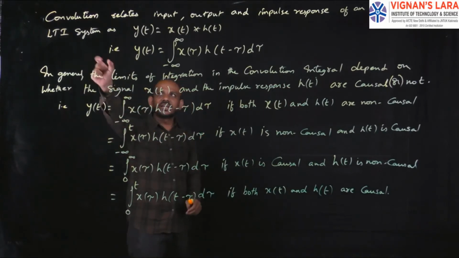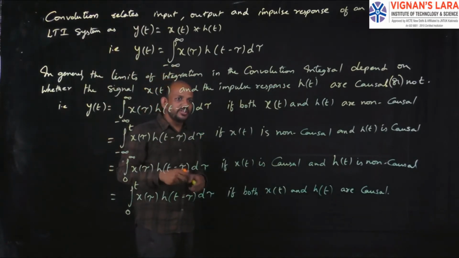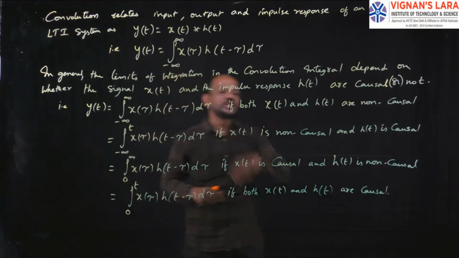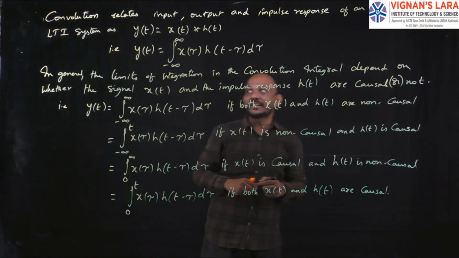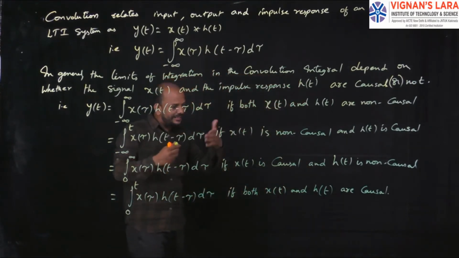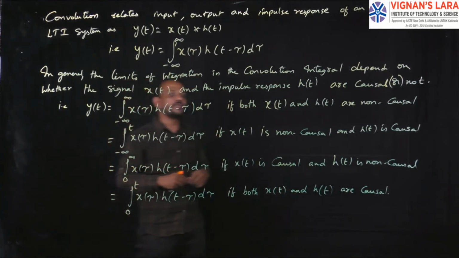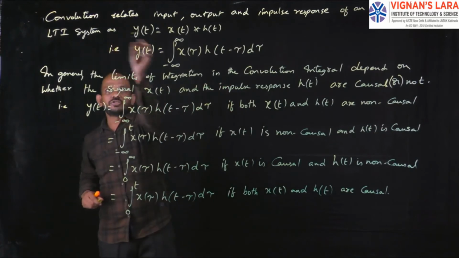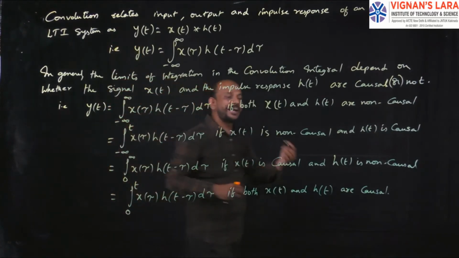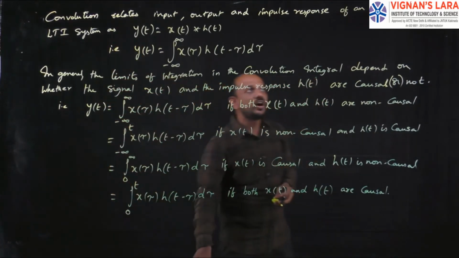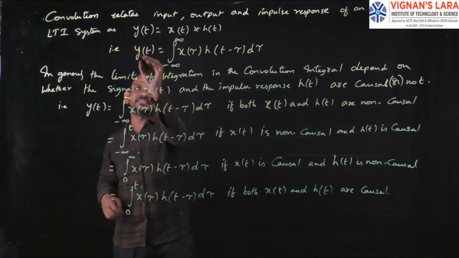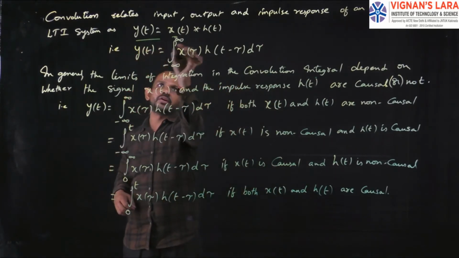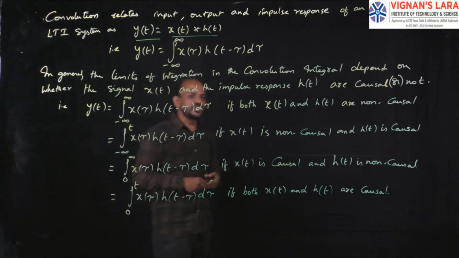Here the convolution relates input, output and impulse response of an LTI system. That is, it will relate the input and output with the help of the impulse response of the system, as y of t equal to x of t convolution h of t.